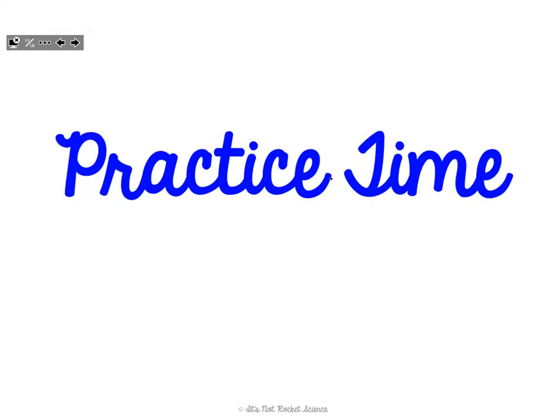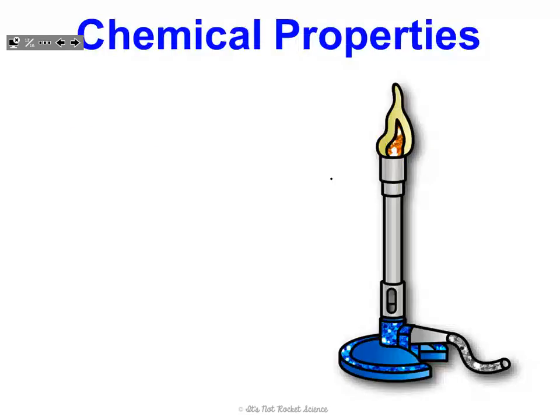All right, so we are going to do some of the practice when we come back in person. So for now, I'm going to move on to our next part of the notes, which is on chemical properties. Chemical properties are different than physical properties. Remember, with physical properties, you don't change the substance. You can measure these without any sort of reaction.